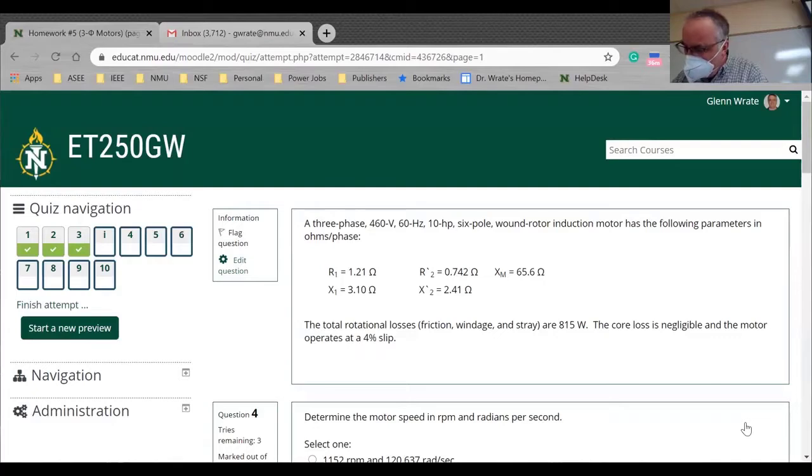R1 is equal to 1.21. X1 is equal to 3.10. R2 prime is equal to 742.